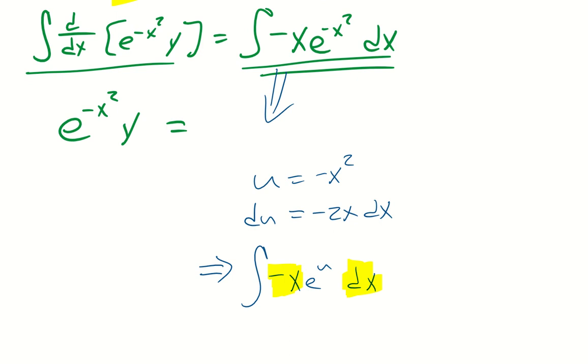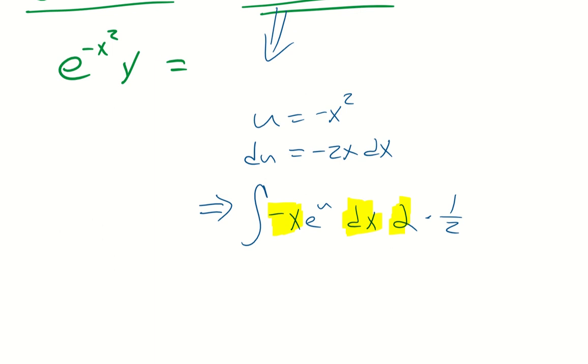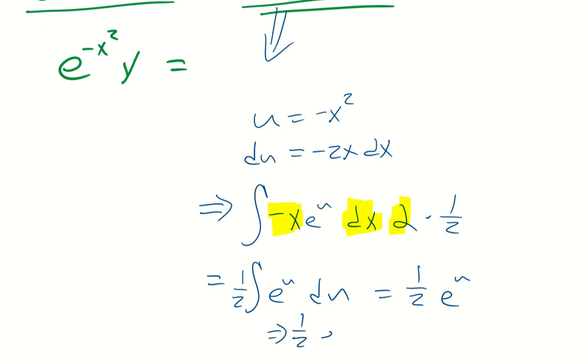We need a 2, but we don't want to radically alter our expression, so we'll have to multiply it by 1/2. And now we have one-half e to the u du, which is 1/2 e to the u, and that is e to the minus x squared. So that's pretty easy, actually.